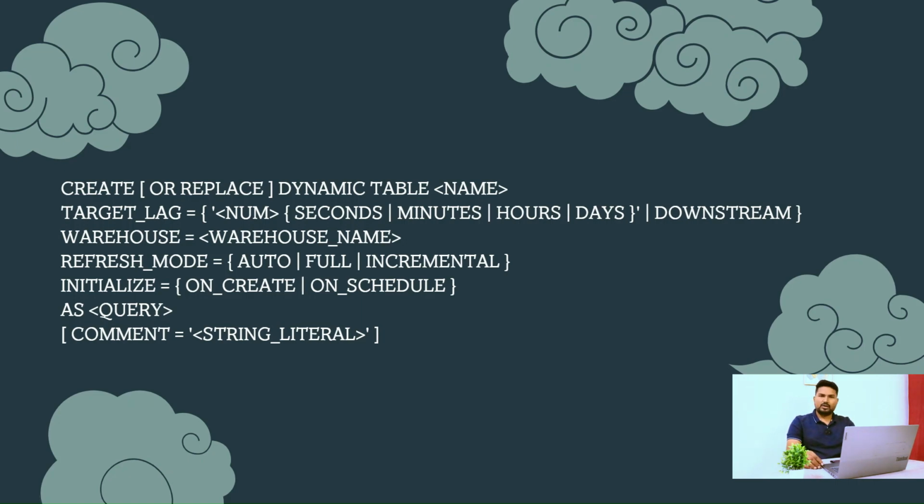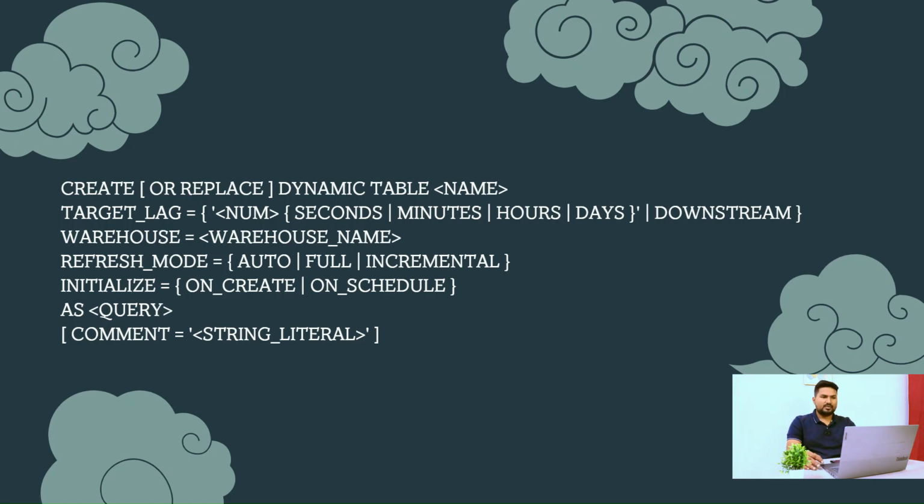Then warehouse. Dynamic tables need a compute engine, which means a warehouse, so we mention the warehouse name here. Then refresh mode. In the refresh mode, there are auto, full and incremental; we are going to check them in more detail further on. Then initialize, ON CREATE or ON SCHEDULE.